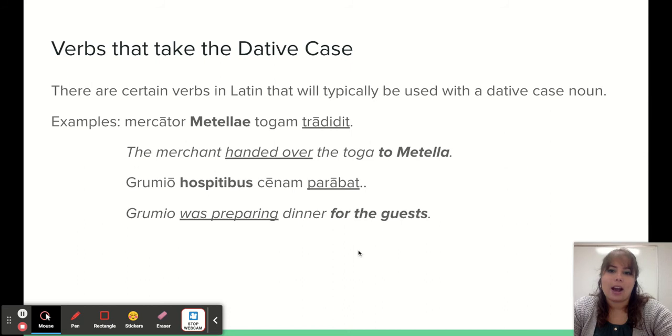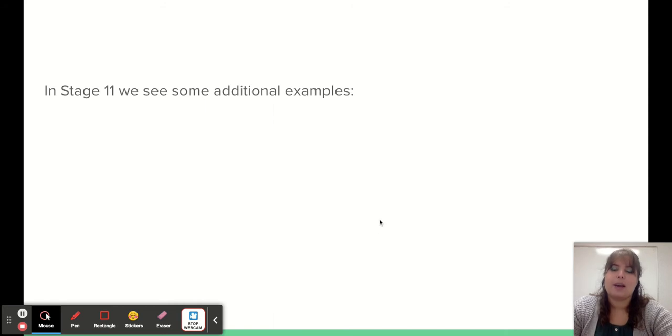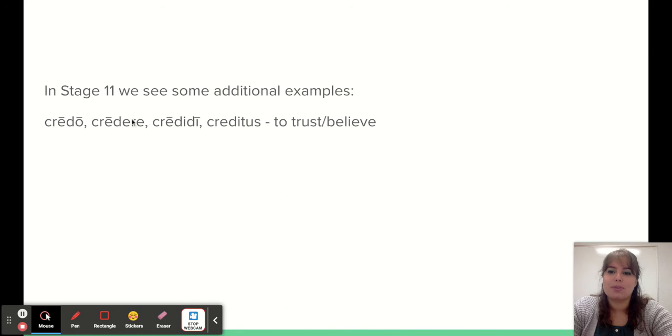Now, there are a couple of verbs that take a dative case, and it's a slightly different sense because we don't typically translate it in the same way. So, for example, credo, credere, credidi, creditus.